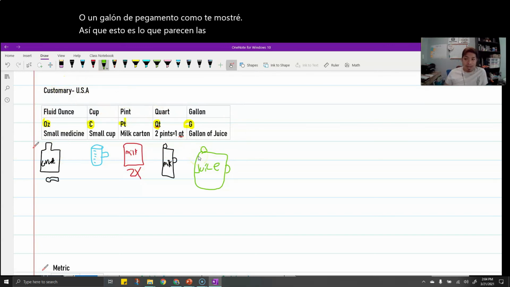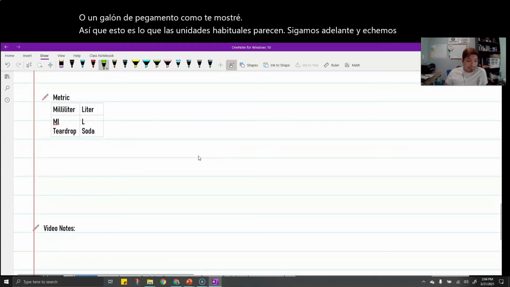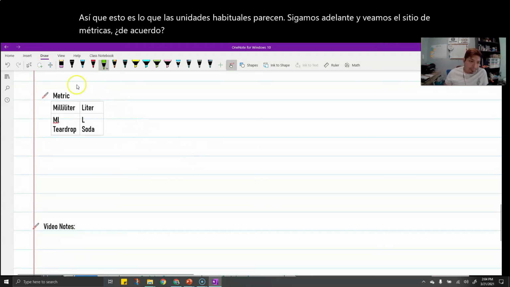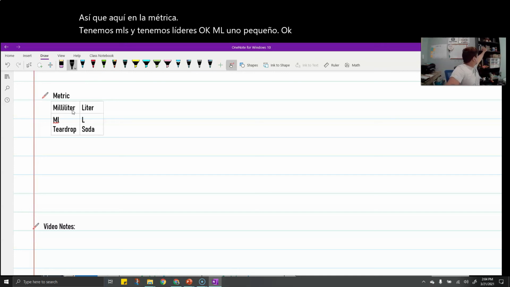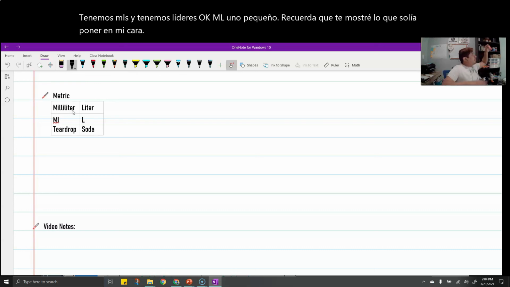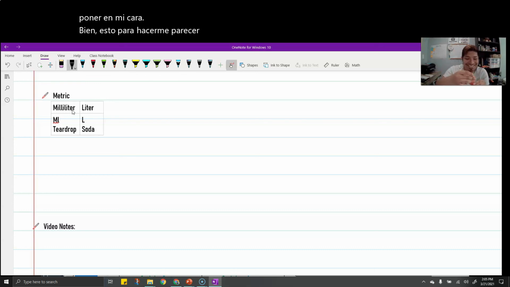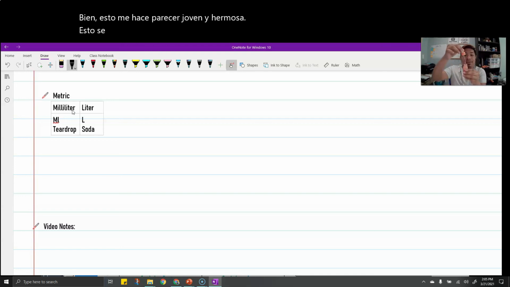Let's go ahead and look at the metric side, okay? So here on the metric side, we have milliliters and then we have liters, okay? Milliliters is a small one. Remember I showed you the thing that I used to put on my face, to make me look young and beautiful? This is measured in milliliters, okay? Very small, it's extremely small.